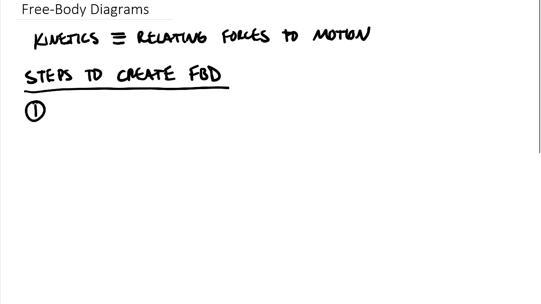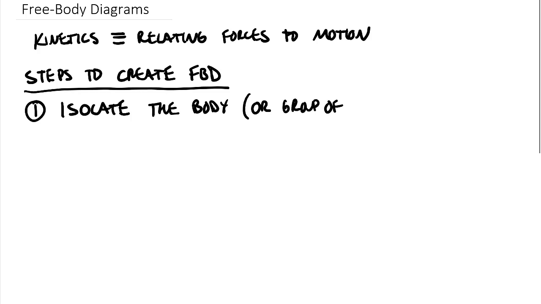These are the steps that we use in this class. The first is to isolate. We need to isolate the body, or group of bodies, away from the rest of the system.